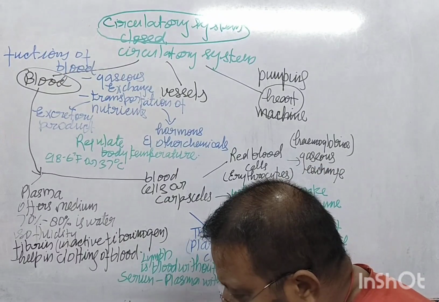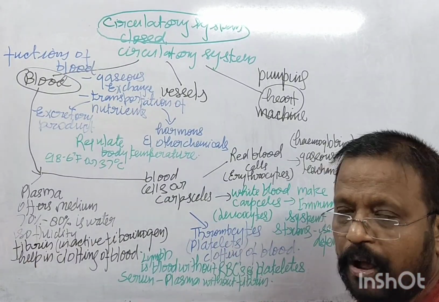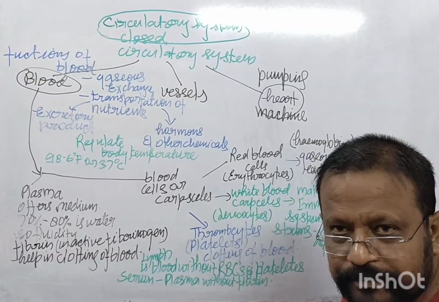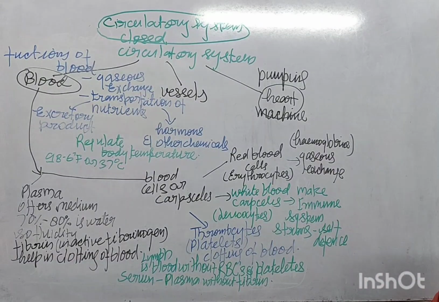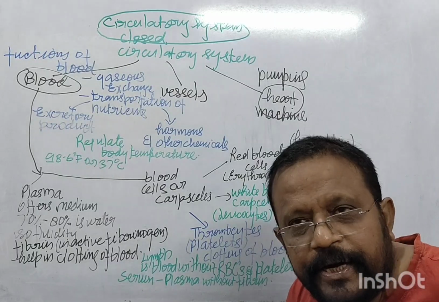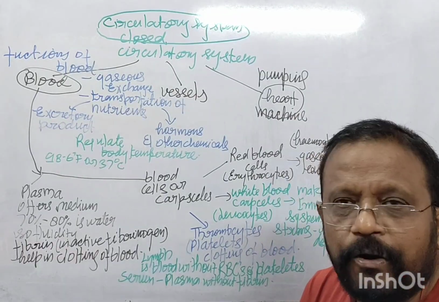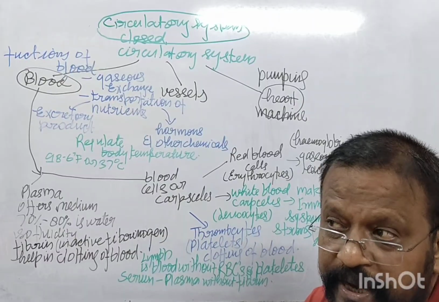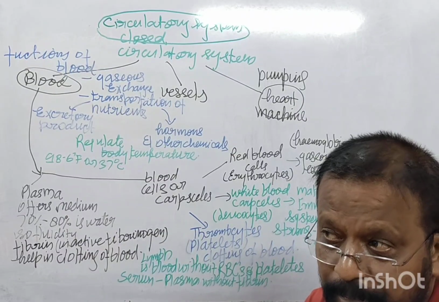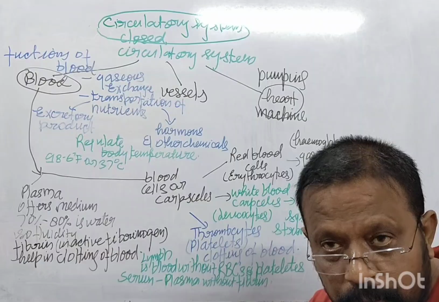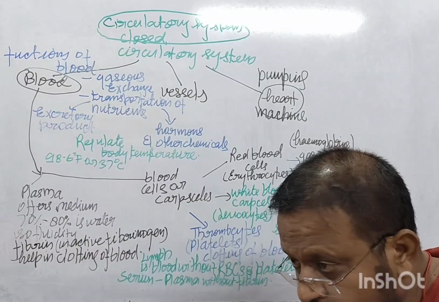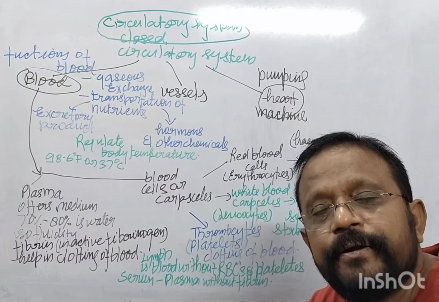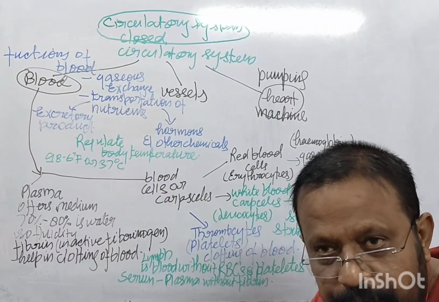Sometimes in case of trauma, trauma means heavy blood loss, right? Suppose in our body 5 to 6 liters of blood is required. In a trauma condition there is very heavy blood loss. So in that case we start losing water from our body, and cells start losing their cytoplasm.